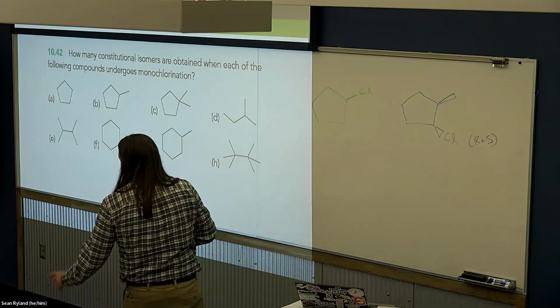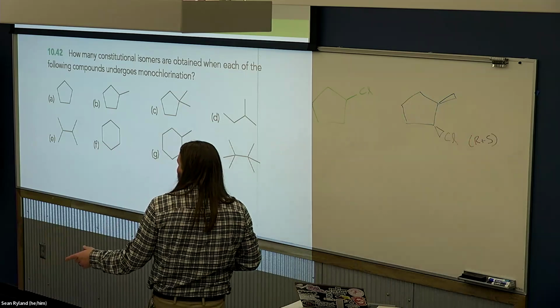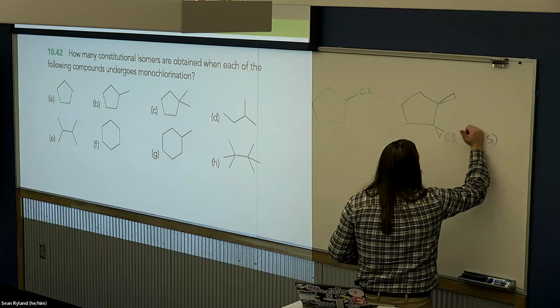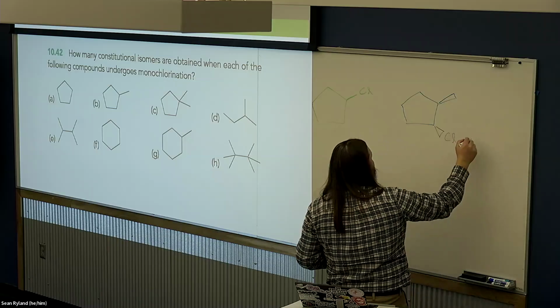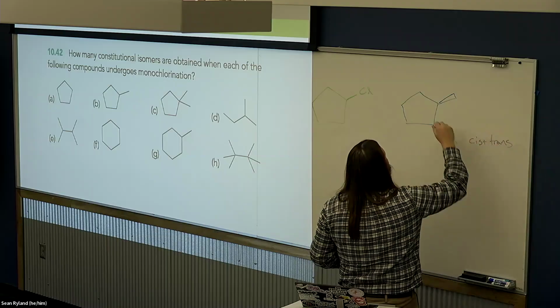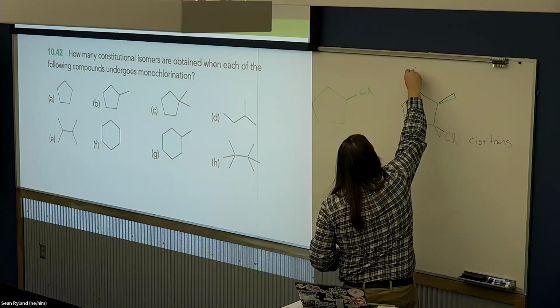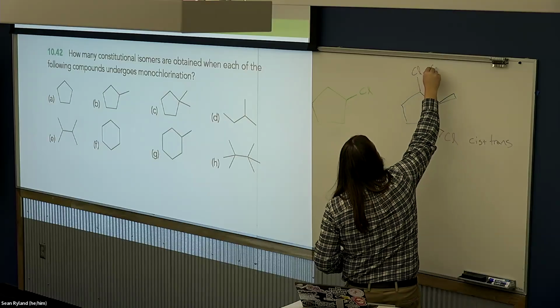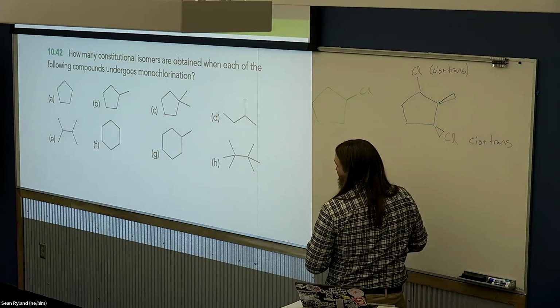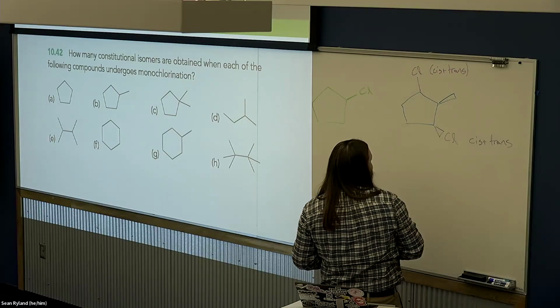We have to be careful because we're going to over-represent that way. The other way that you could think about it is you can have cis plus trans here, but that's not the same molecule as cis plus trans here, right? Because we get the R versus the S in each case.